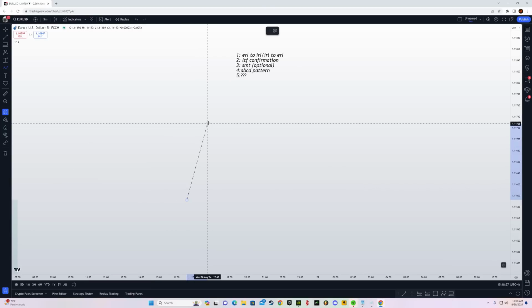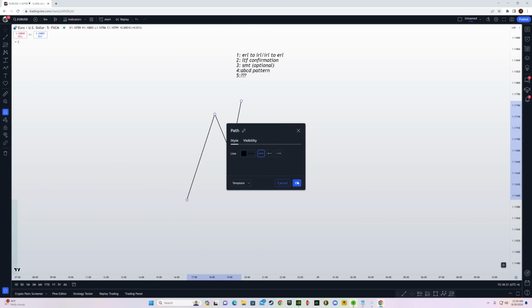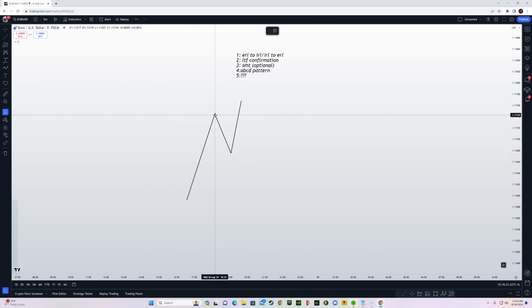So let me just draw this out like that, and let me just change this up a bit like that. All right. So every high and every low is considered to be external range liquidity, all right? And any fair value gap is considered to be internal range liquidity, right?